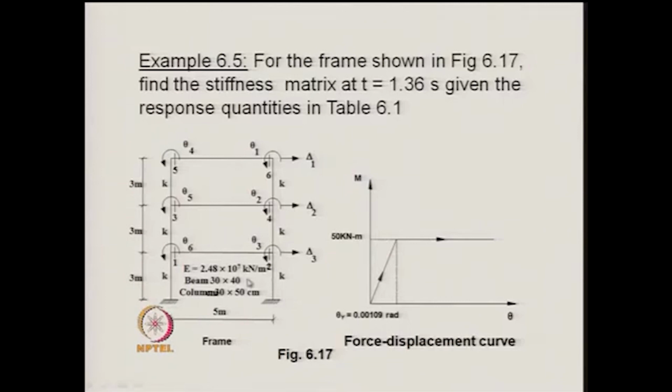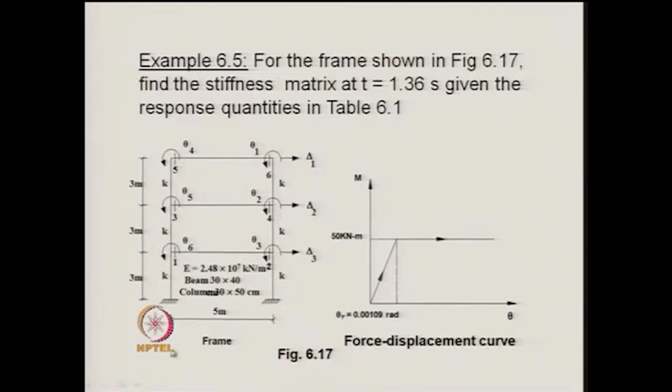This is the value of the E for the material, the beam section is this and column section is this. The stiffnesses are given as K for the column.